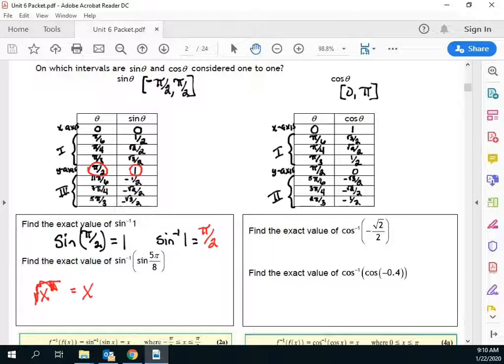Square root and squaring are inverse functions, which means they cancel out each other. Why do you think I'm telling you that right now? There's your answer. Finding the inverse sine of sine cancels out the sine. That sounds really badly worded, but that's exactly what it is. Finding the inverse of that same function gets rid of it.